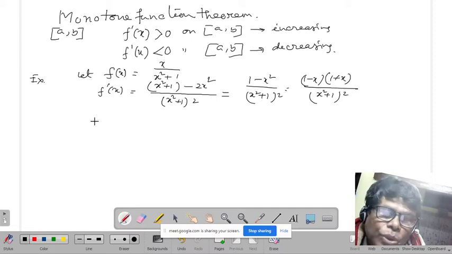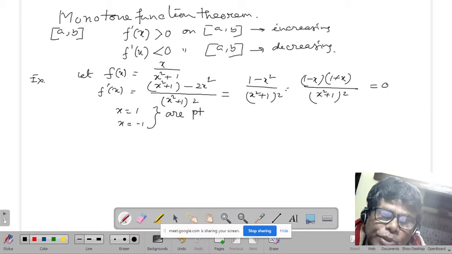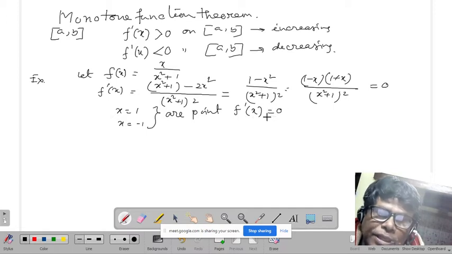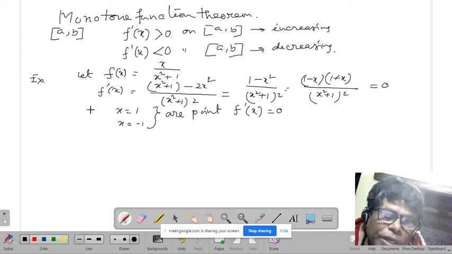Now if you put f dash x equal to 0, then x is equal to 1 and x is equal to minus 1 are two points where f dash x is equal to 0. That means here the tangent to the function becomes parallel to the x axis. So these points are known as critical points.